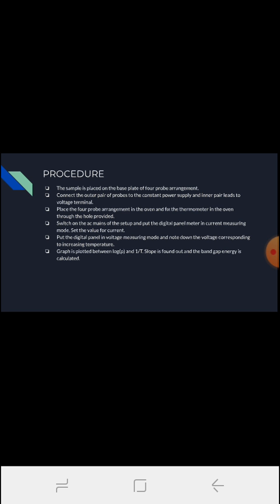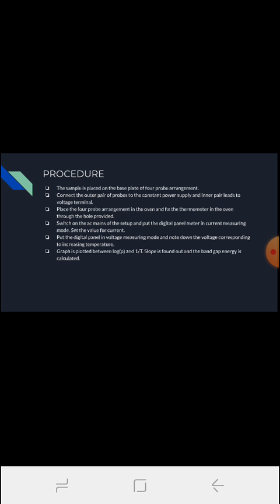Calculate rho for each voltage. Draw a graph between log rho and 1 by T. The slope is calculated and hence the band gap energy is calculated using the formula Eg is equal to 2K into 2.303 log rho by 1 by T electron volt.